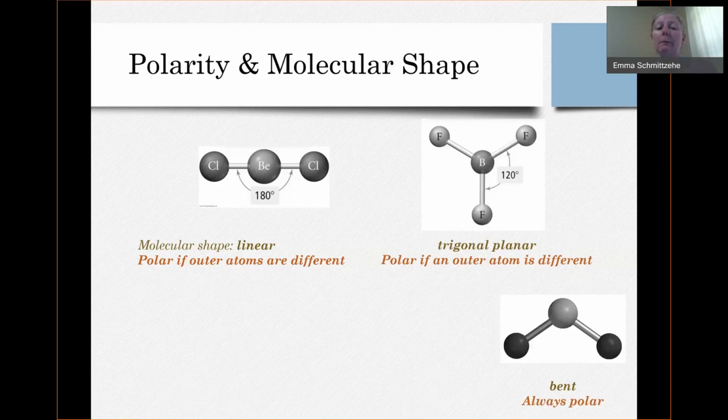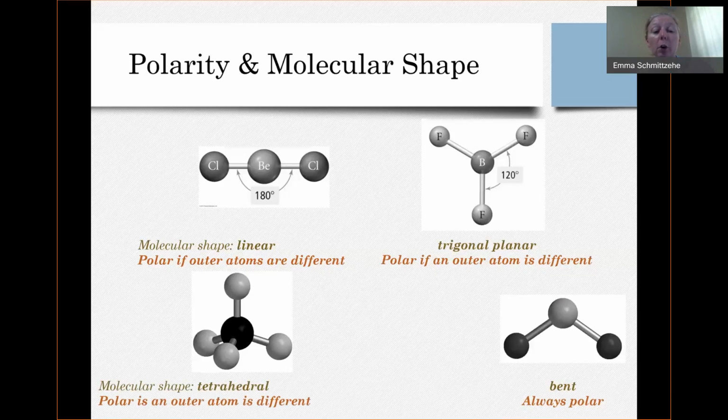Now, another one of our molecular shapes is tetrahedral. If we have a tetrahedral structure, it's similar to when you have the linear and the trigonal planar. If everything attached in that tetrahedral structure is the same atom, then it's nonpolar. But once at least one of those has changed to some other atom, it's polar.